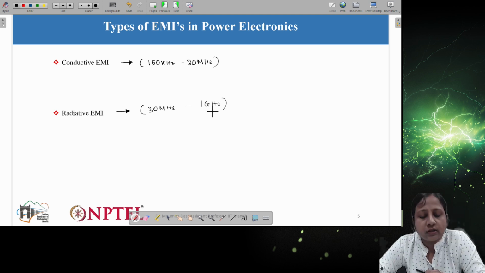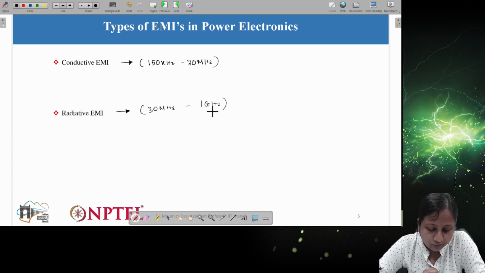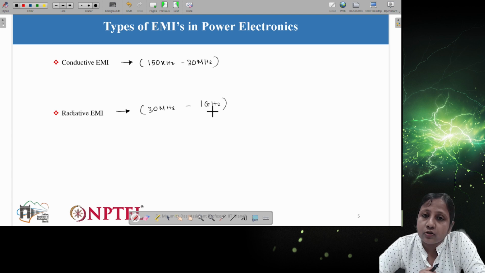So these are two different noises. Conducted EMI comes by a conduction path. The path can be through any parasitic capacitance or inductance, any path present in the circuit itself, which may not be the actual circuit path. That path provides the conducted EMI noise path.